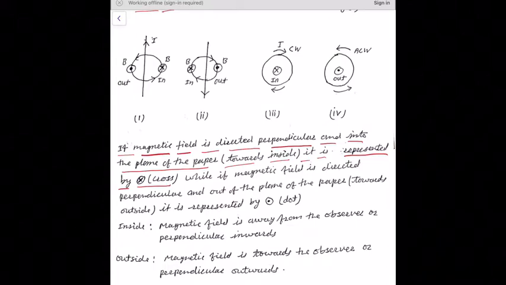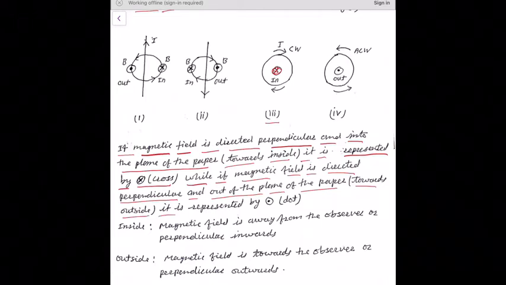Okay, here in figure third, cross means inward direction, while if magnetic field is directed perpendicular and out of the plane of the paper, means towards outside, it is represented by a dot as shown in figure 4. Dot means outward direction. Okay.